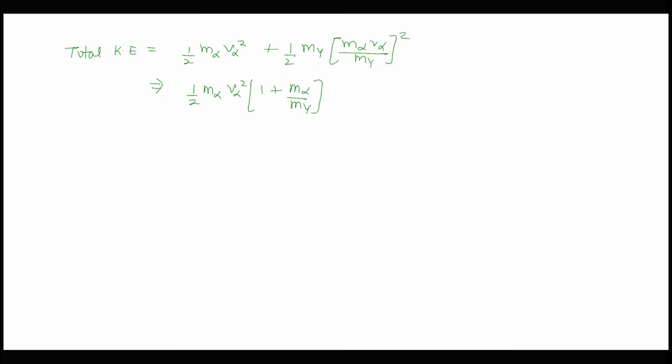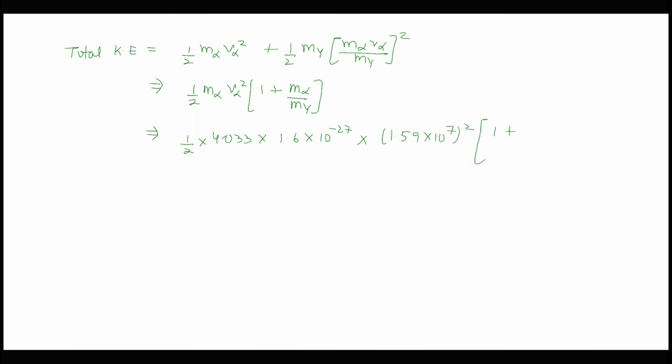So if we start putting the values over here, we can calculate it as half mass of alpha particle, which is 4.003 into 1.6 into 10 to the power minus 27, times velocity of alpha particle, which we have obtained as 1.59 into 10 to the power 7, squared, and then over here we have 1 plus.